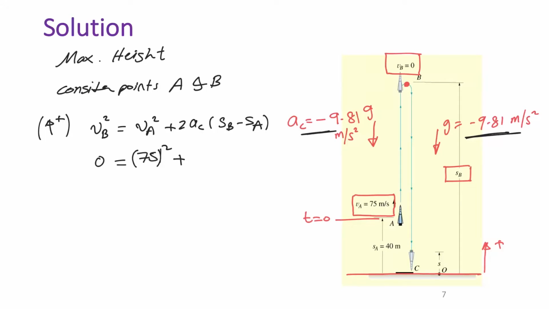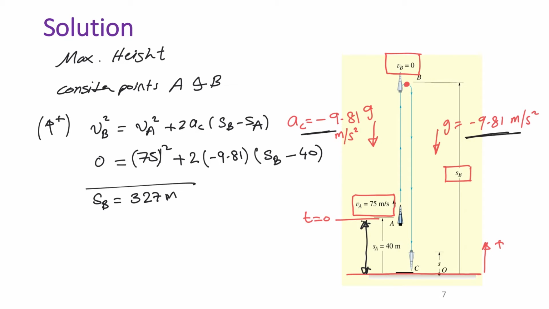And then we have the constant 2 multiplied by minus 9.81, and then we have the position SB, which is the unknown, minus 40. 40 is the initial position from here to there. Now, by doing the calculation, we will find SB equals 327 meters. And this is the first unknown.